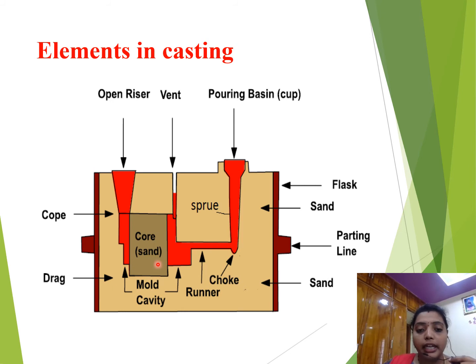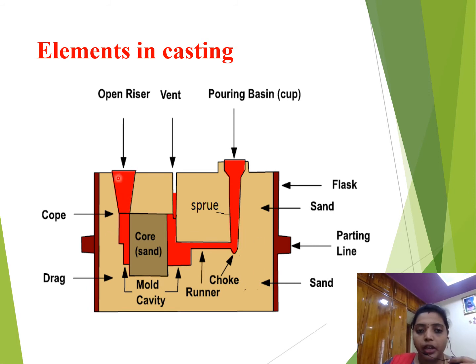To get that space we use the core. We will use this core part and we will get that hollow place. After that the metal enters into the riser. This one is the riser part.